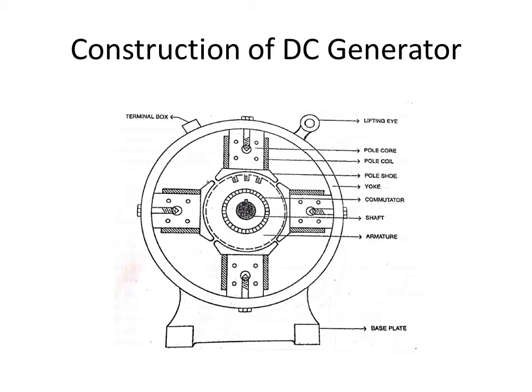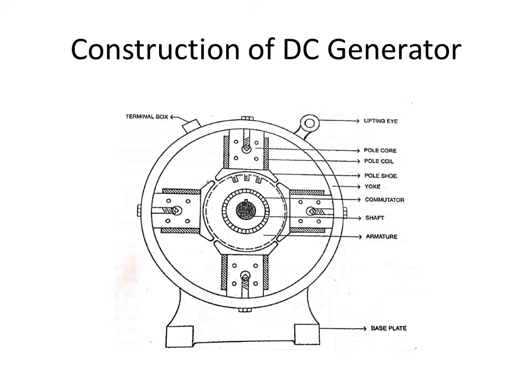So what is a DC generator? It is a generator which converts mechanical energy into electrical energy. Mechanical rotation is supplied to the shaft. Because the shaft rotates, along with it the commutator and armature conductors rotate.